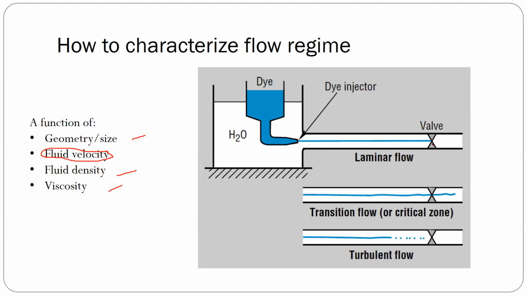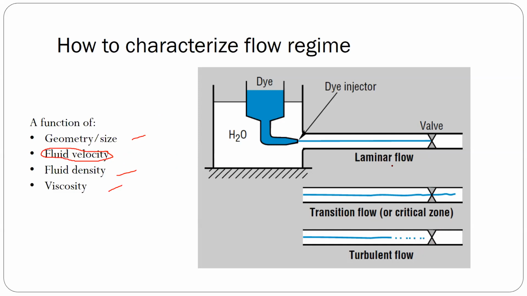In doing so, it turns out that if you hold the diameter, density, and viscosity as constant, mayroong velocity kung saan siya ay pwede nating tawaging critical point. So yung velocity na yon, if it exceeds that critical point, the flow will be turbulent. If it is below that critical point, the fluid flow will be laminar.